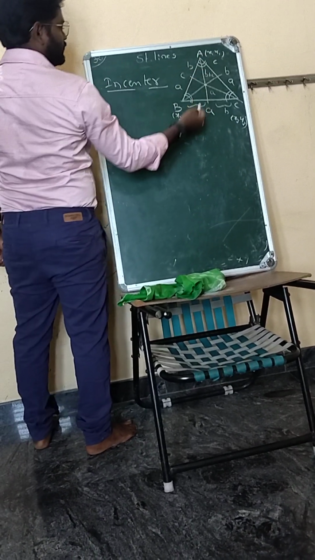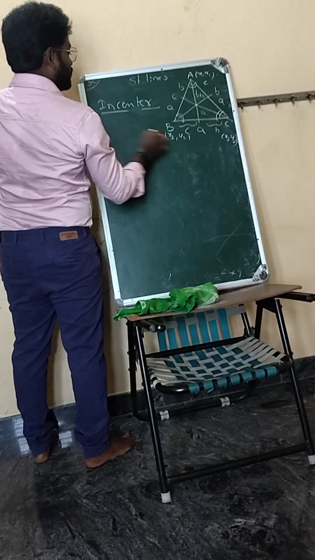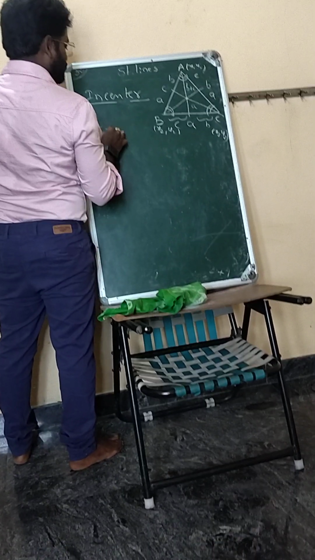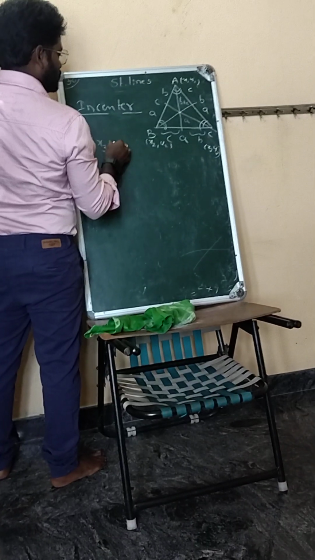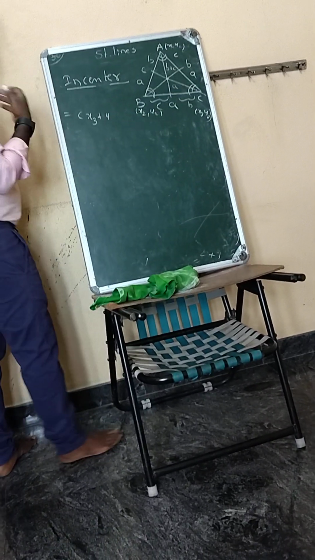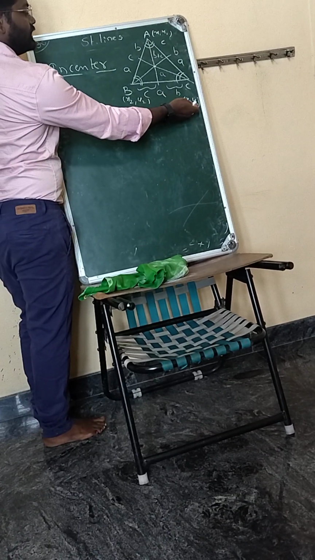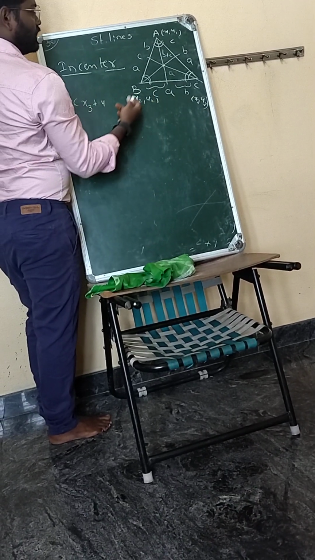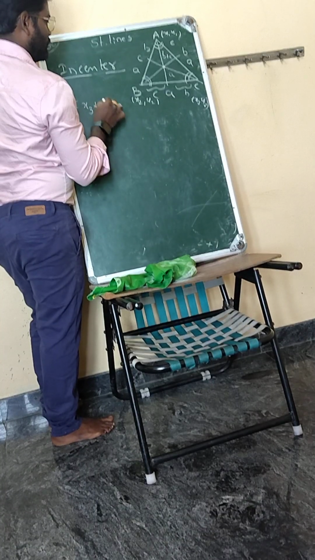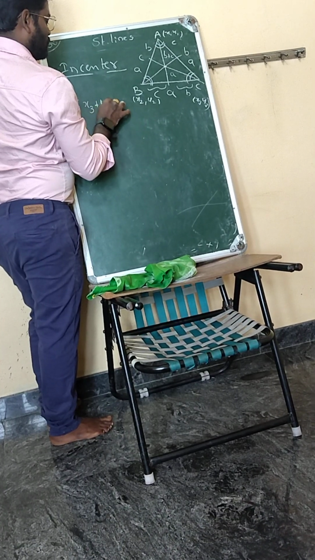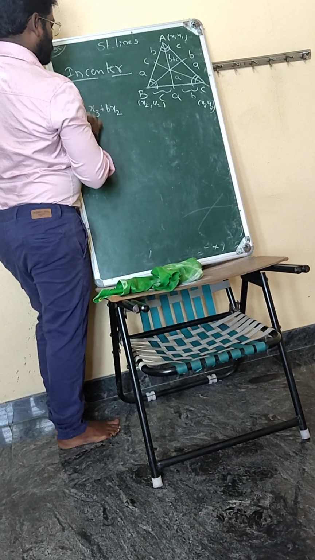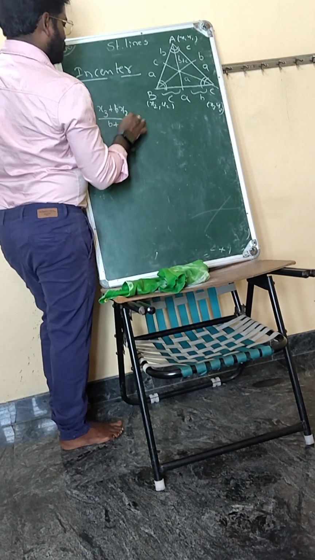What is the point? Condition. Dividing ratio, BC dividing ratio: c x3 plus b x2, divided by b plus c.